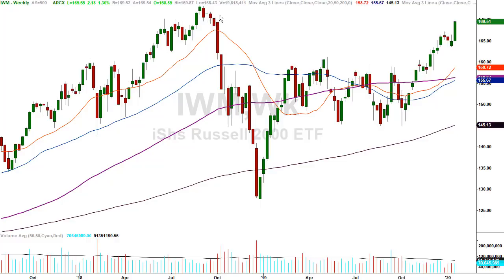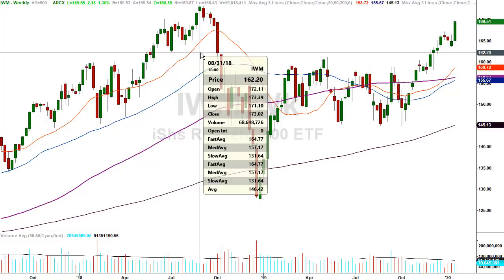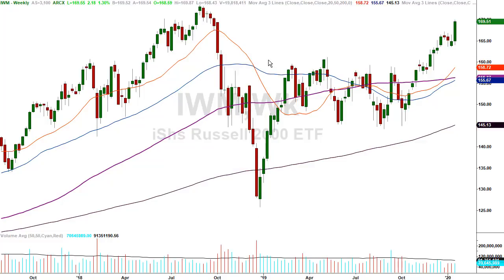All this stuff is overhead resistance, including the former high that comes in at 173.39. So anywhere in between current price and 173.39 is normally going to be overhead resistance. If they get above 173.39 on a weekly close, watch out. That's not going to happen anytime soon, at least not by tomorrow.